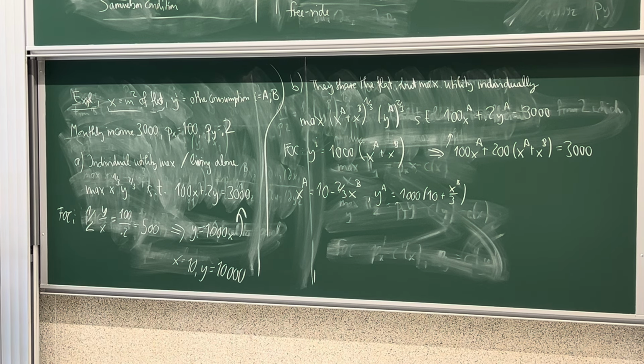And then you see, as expected, that the two consumers will get the same amount of private good consumption as before in both cases. You get YA is equal to YB.